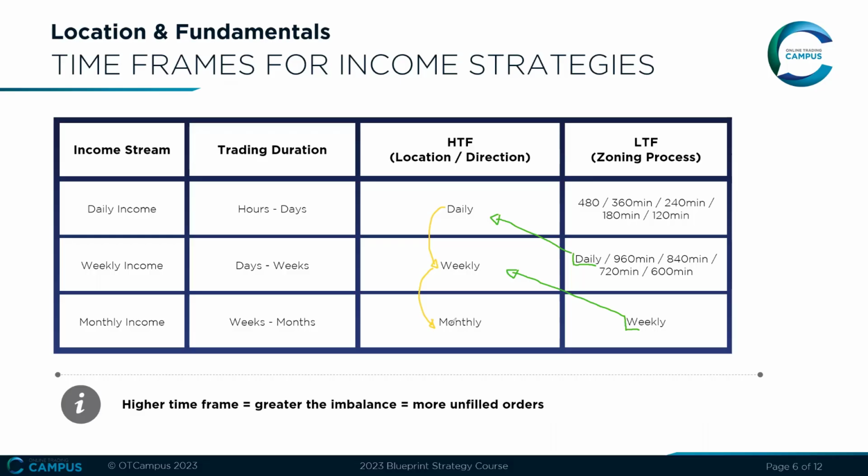That is the ideal scenario, which we'll find very rarely. But if we know that we're in monthly supply or demand in terms of the location, then we have a weekly supply and demand within that, then already I have what we would call a higher time frame coverage.